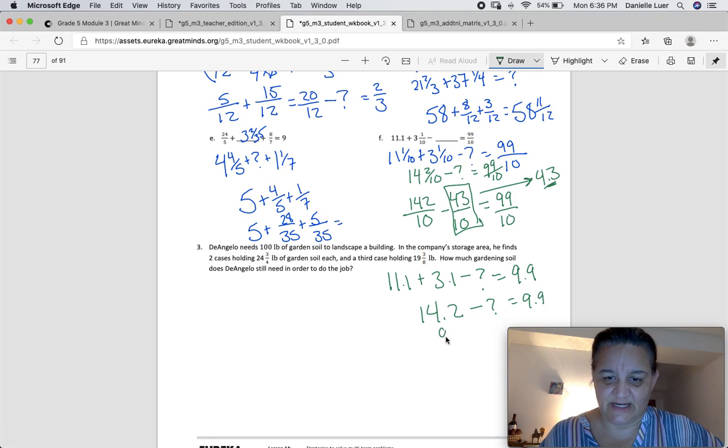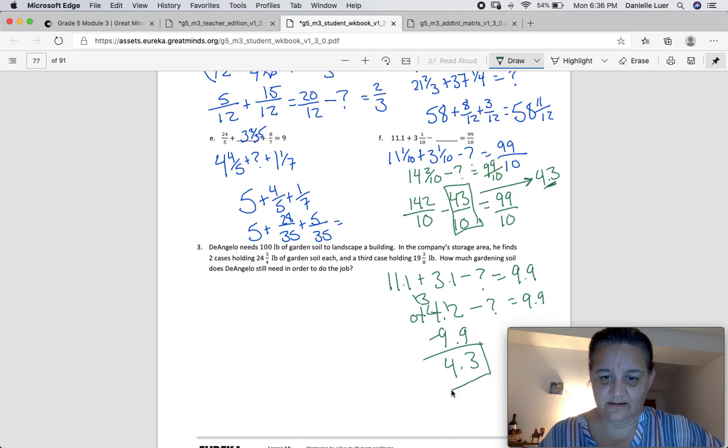Well, we can just subtract 9.9 from that. And then I feel pretty comfortable with decimals. I don't know how you guys feel. Okay, 4.3. Look at that, same answer. 4 3/10. 4.3, 43/10.